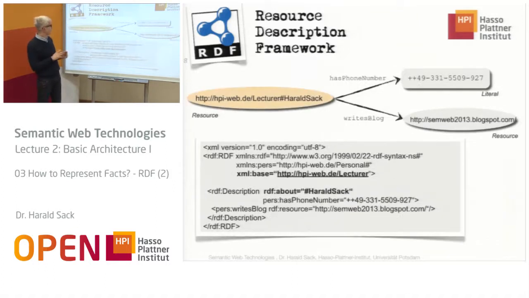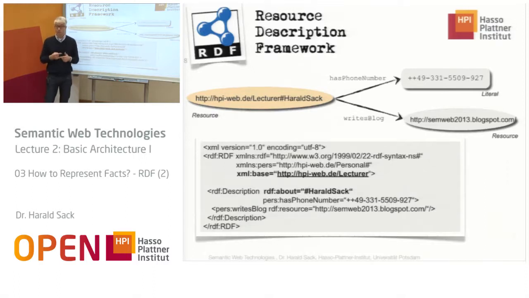Okay, let's take another look at what we have learned some lectures before, that if I'm talking about a specific person, the person, of course, itself is not transferred via the HTTP protocol, but only information about that person.